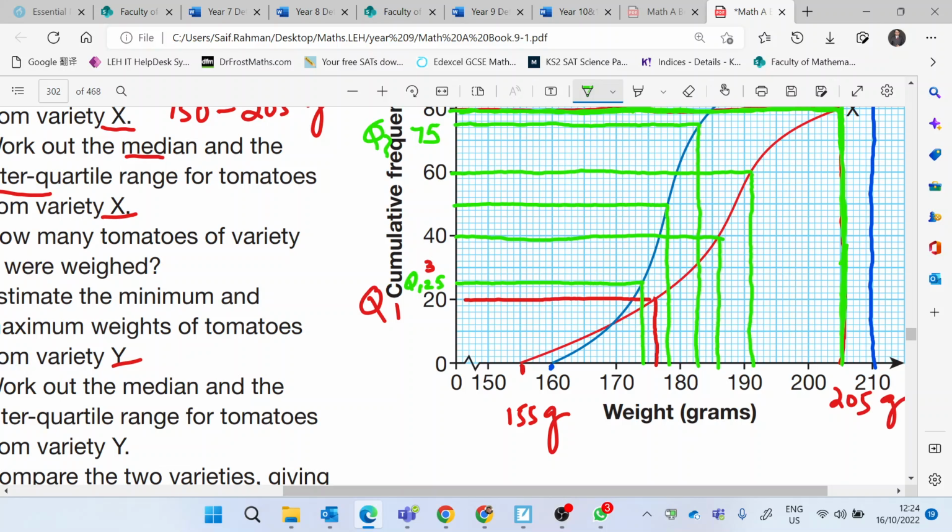Okay, 80, this one 81, 82, 83, 183, and this one is 84, 85, 86, 186, and this one 170, 74, 75, 76, 77, 78, 178.